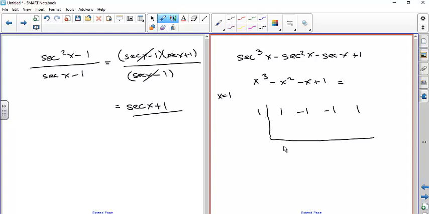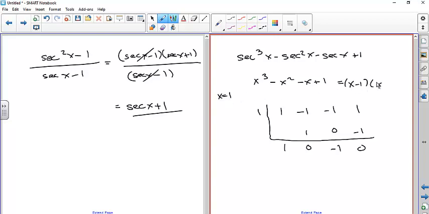So you bring that down. 1 times 1 is 1. Negative 1 plus 1 is 0. 0 times 1 is 0. Negative 1 plus 0 is negative 1. 1 times negative 1 is negative 1. So what that says is this can be factored as x minus 1, because the corresponding factor to x equals 1 is x minus 1.